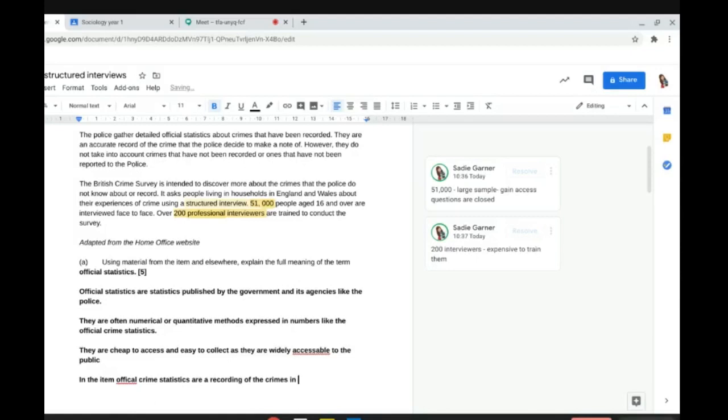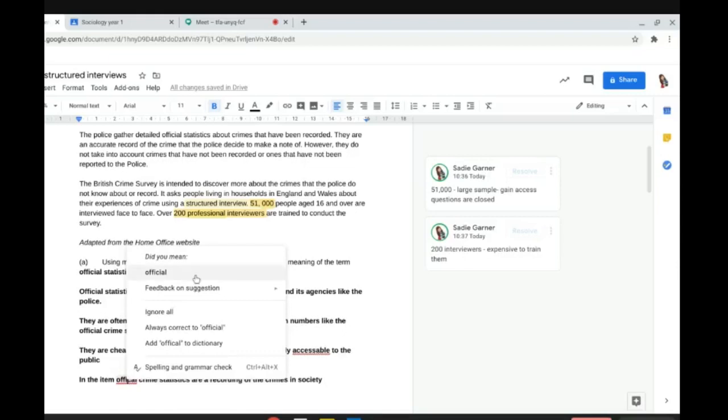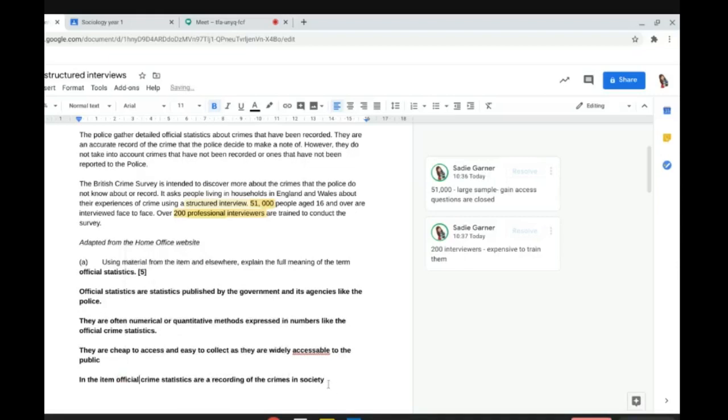In the item, official crime statistics are a recording of the crimes in society. That's just lifted from the item, basically. I've just taken that. So that won't get me the mark yet. I have to use it in some way. So the official crime statistics are a recording of crimes in society.